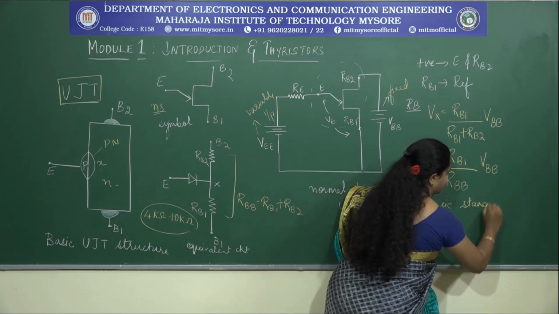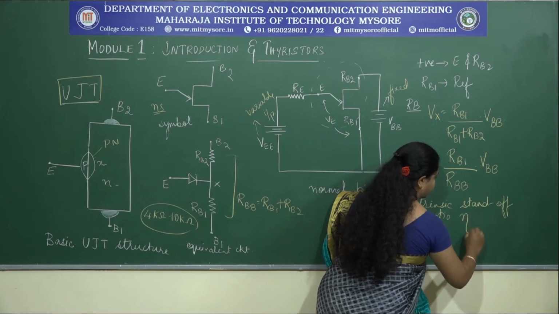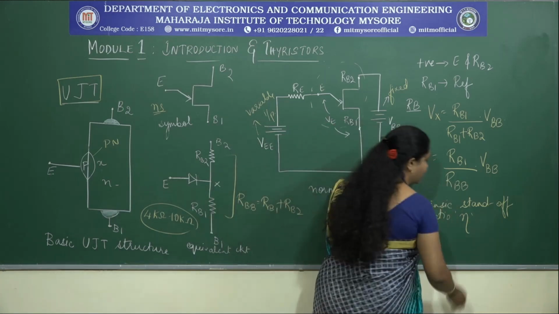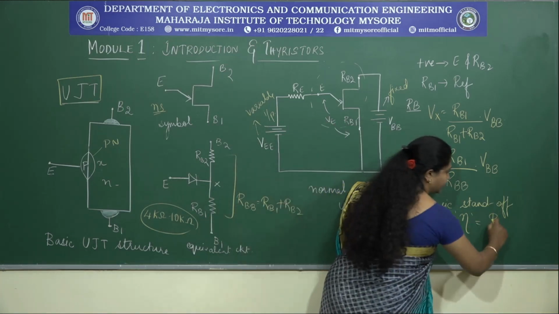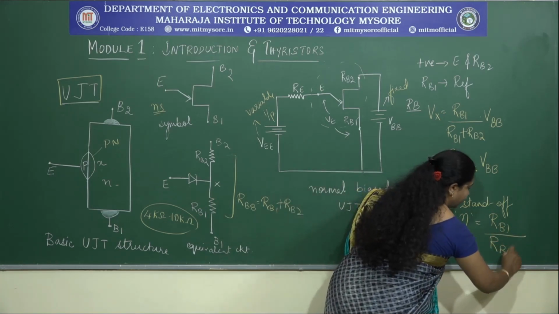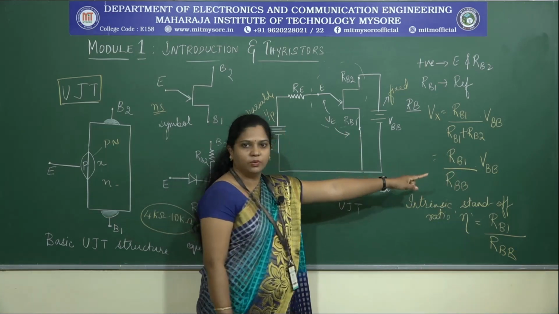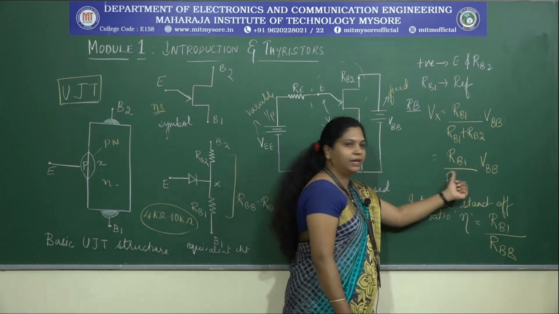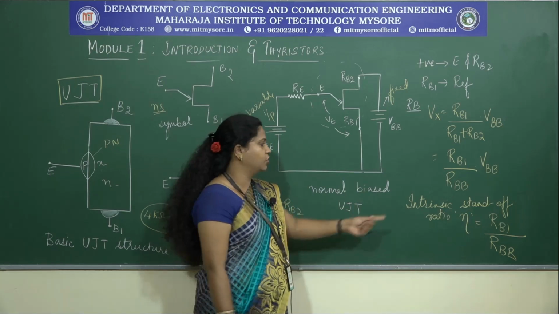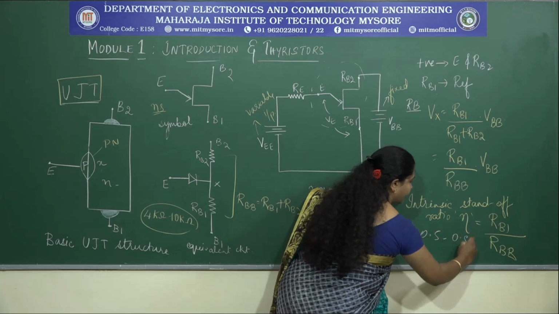The intrinsic standoff ratio is defined as eta, equal to the base resistance RB1 over the total inter-base resistance. So eta into VBB. Instead of writing RB1 by RBB, we replace it by the intrinsic standoff ratio, eta, which has a range of 0.5 to 0.8.